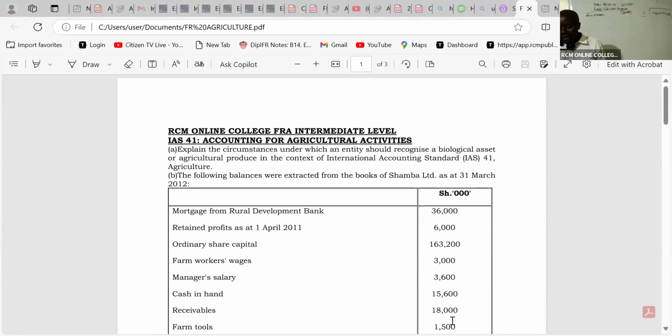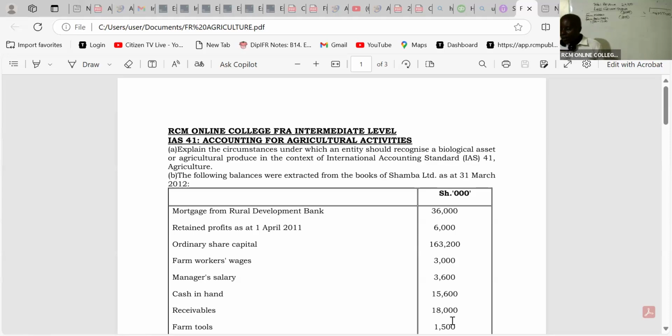So I'm able to see reduction in value of farm tools, farm tools depreciation, 1,500 minus 1,200. This gives me a loss in value of 300 that has to be charged to our income statement.